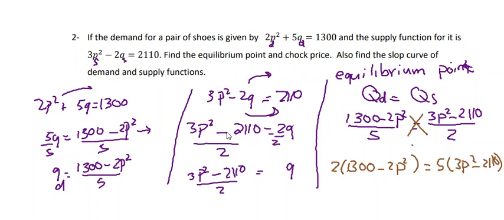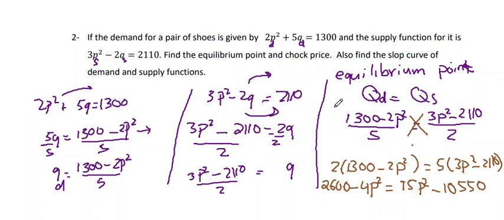So 2 multiplied by 1,300 will be equal to 2,600 minus 4p square equal to 15p square minus 5 multiplied by 110, it will be equal to 550.